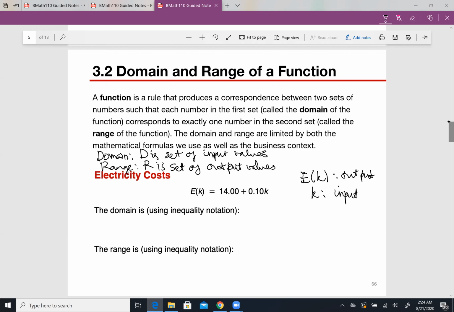Okay, so the question is, the domain is K, right? And also, what kind of function is this? I'm gonna say polynomial function.